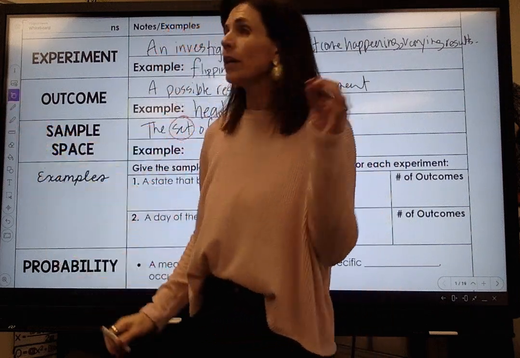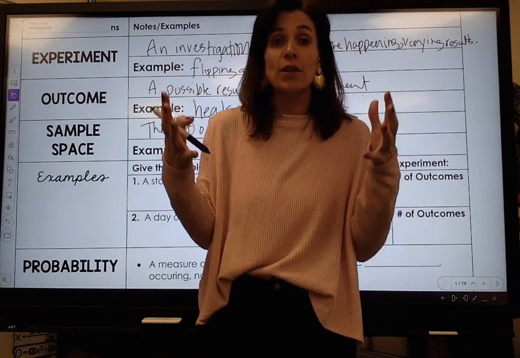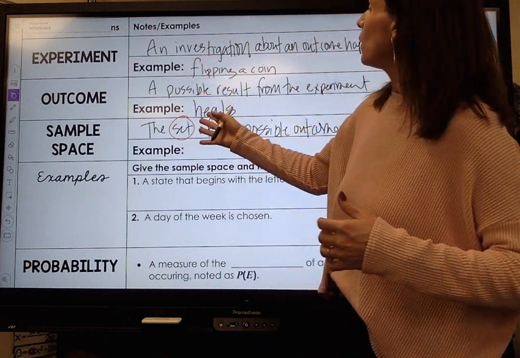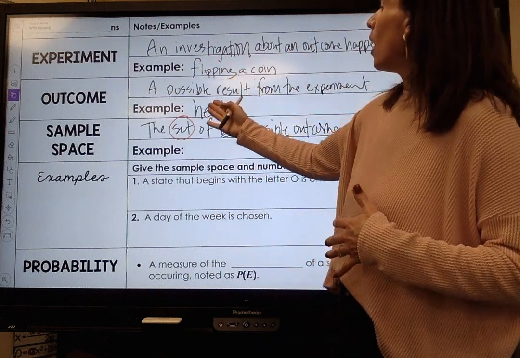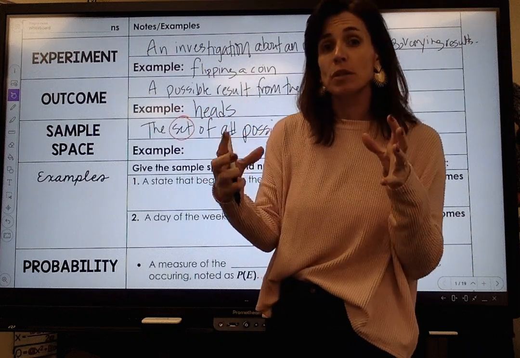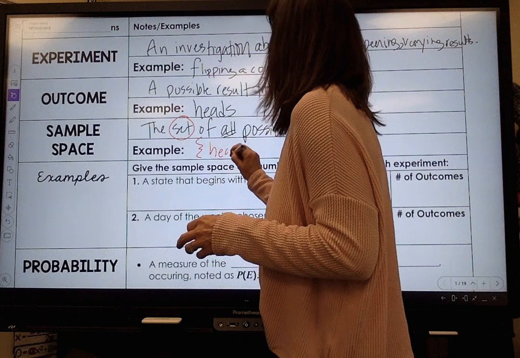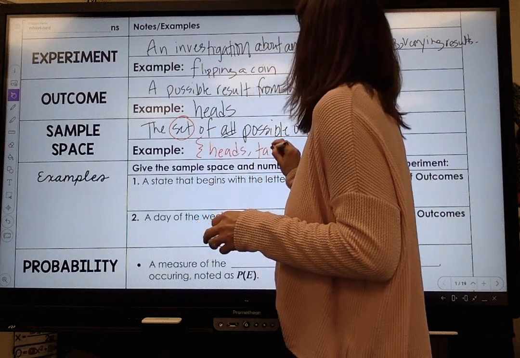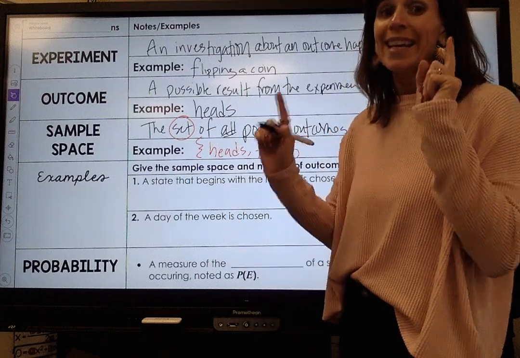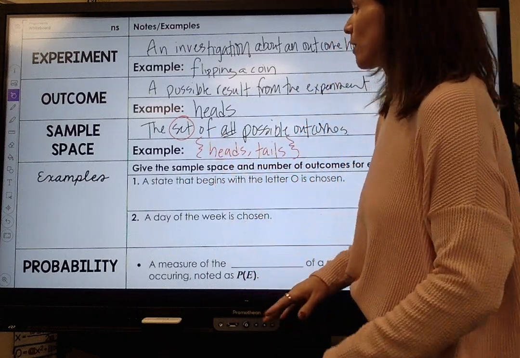Do you remember in algebra, when we have a set of answers, what we use to notate a set? We have to use brackets. So if we are talking about flipping a coin, one example could be getting heads, okay? But the sample space is going to be heads and tails. That's all the possible outcomes that could happen, okay? And remember, it's a set. There's more than one answer, so I have to have those brackets around it.